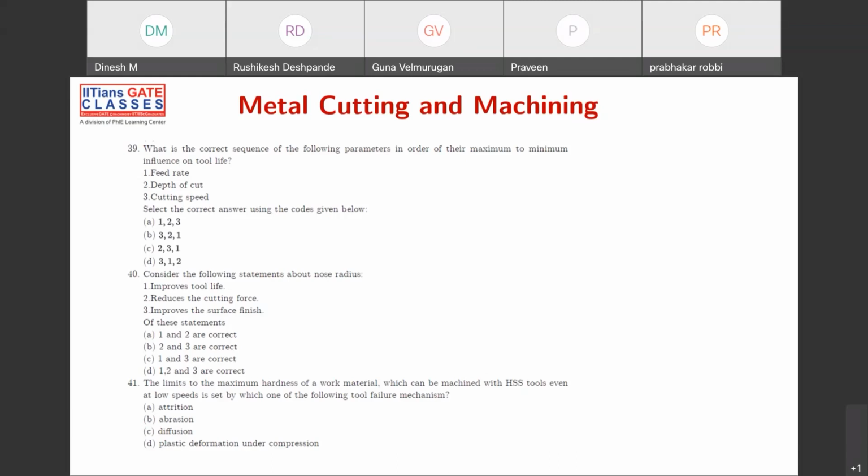Anyone? You are saying B. Okay, I go with Prakar and Rishikesh. But 3 is first. Why? Cutting speed is important because V T to the power n is equal to constant. That is where we started. Obviously, velocity or cutting speed is important. And this feed rate can be thought of as what? Uncut chip thickness, isn't it?